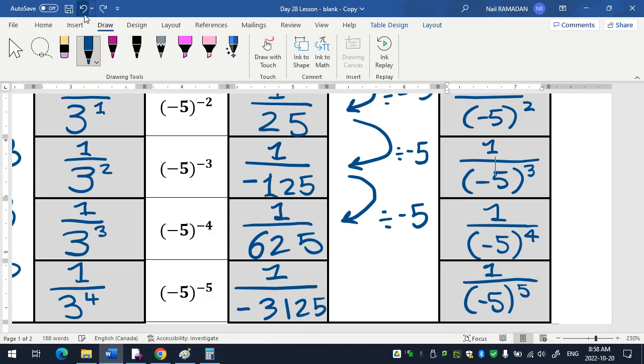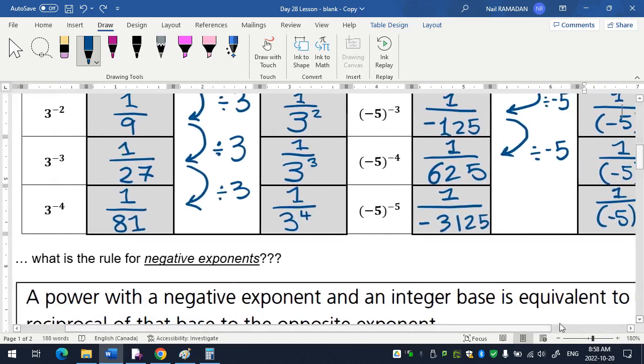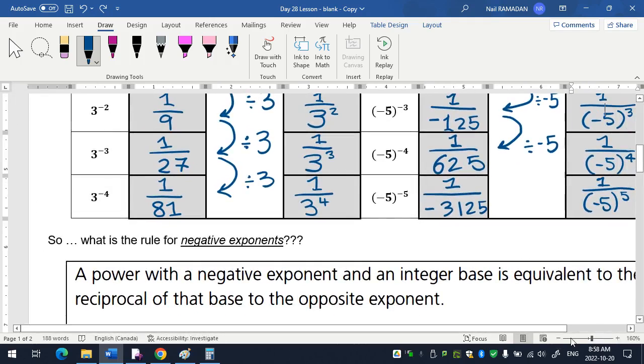Okay. So let's summarize, everyone. Come on, eyes with me. So what is the rule for negative exponents? A power with a negative exponent and then a what?